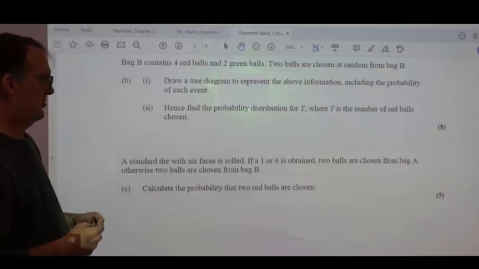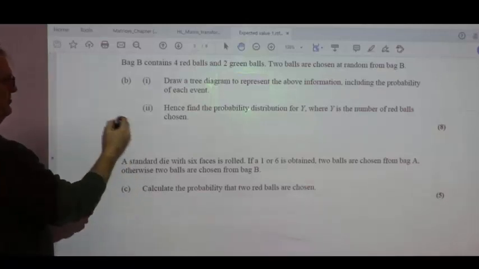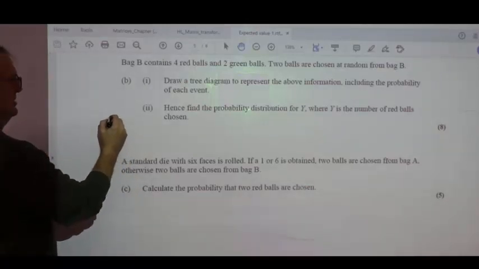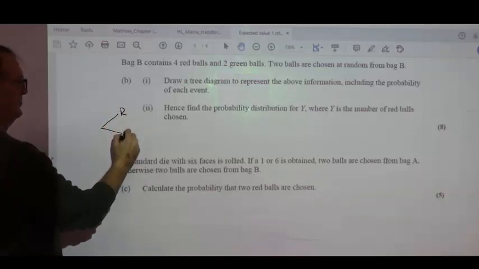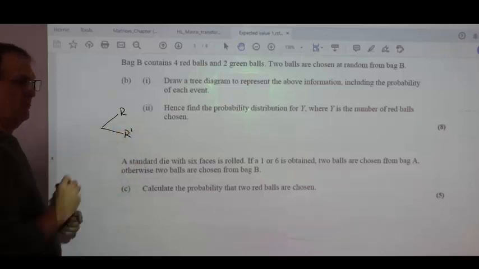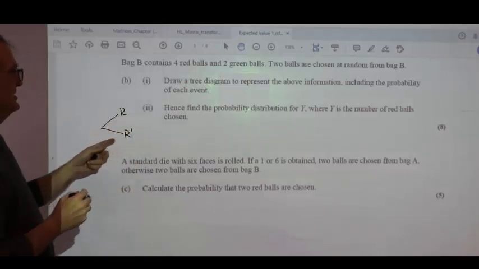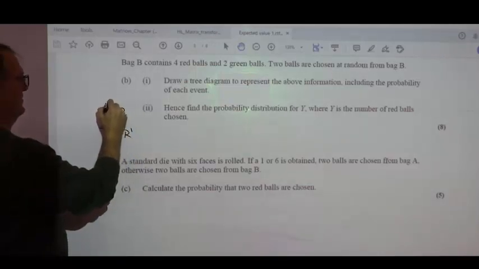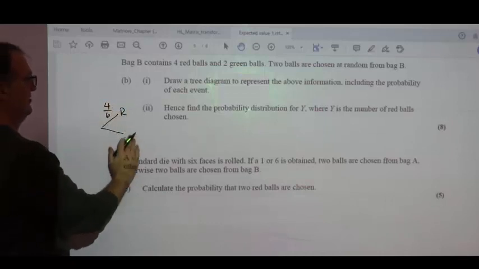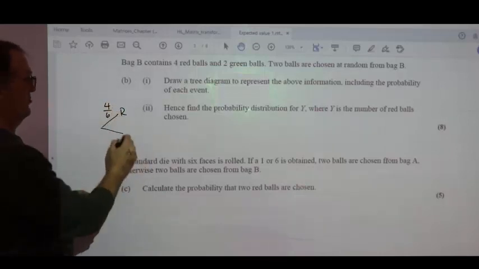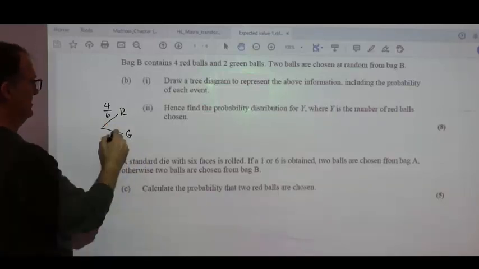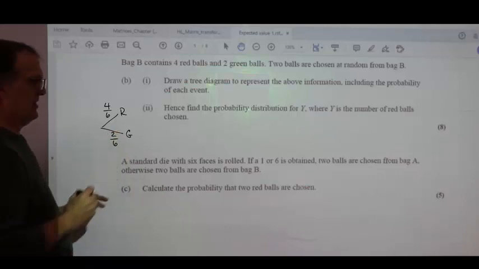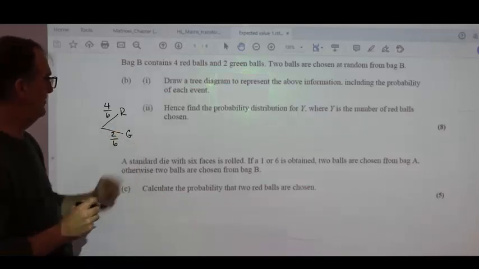So I'm going to put it here, calculate the chance of it being red or green. So the first chance would be 4 out of 6 for red. And so 2 out of 6 would be green.